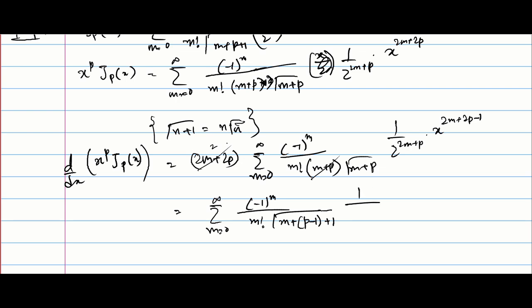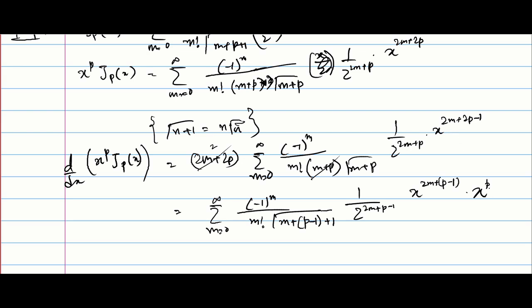Since there's a 2 outside, this will become 2m plus p minus 1, and we take x to the power p outside. We have written the same thing in a different way.